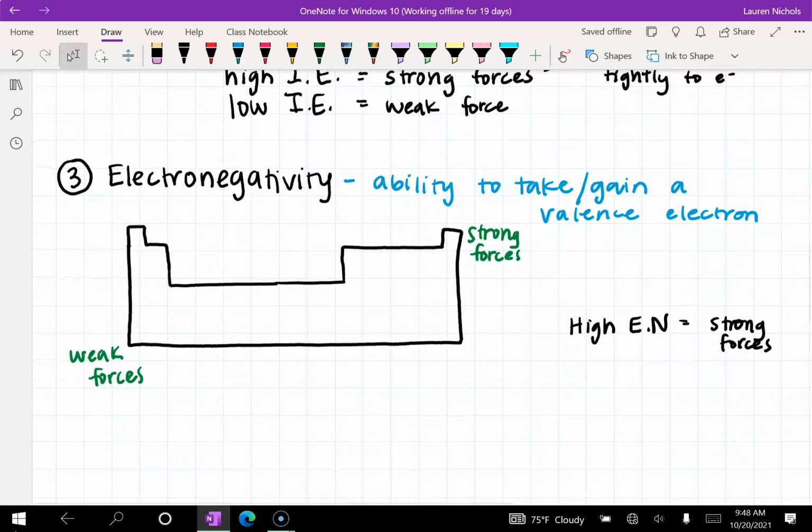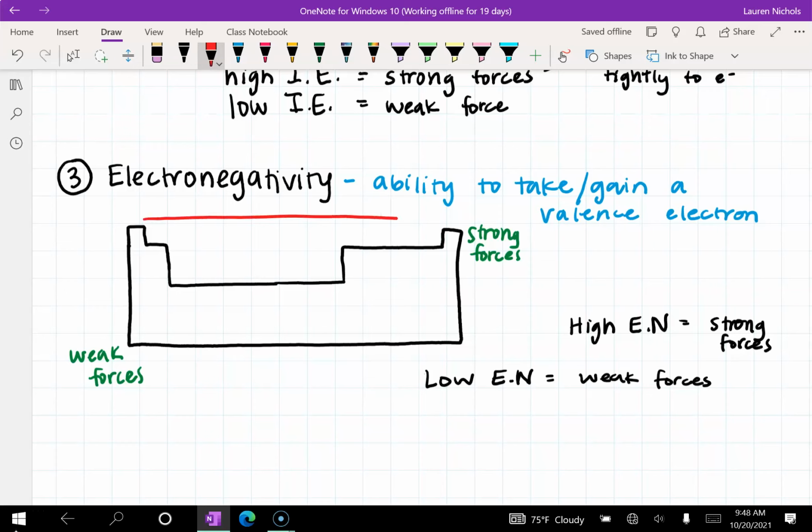But if I have a low electronegativity, that means we have weak forces, because if I'm kind of weak, I'm not going to be good at taking electrons. So as I go from left to right, the forces are getting stronger, so my electronegativity is also increasing.